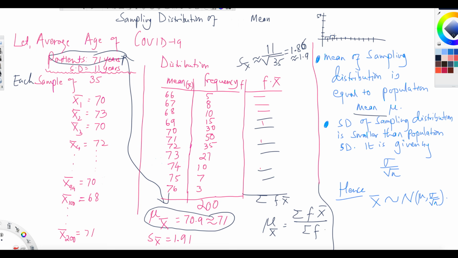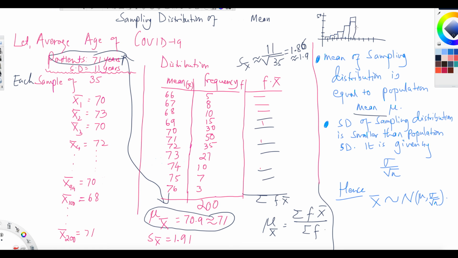Another one will be 10. This is not perfect, but it is just an estimation of how it looks. Then another one is 15, and then 30, and then 50. The 50 is somewhere here.